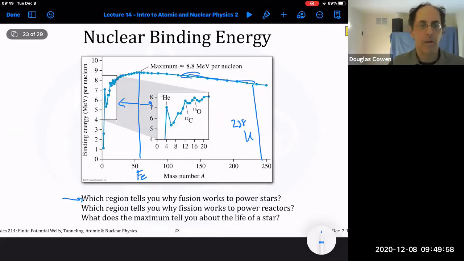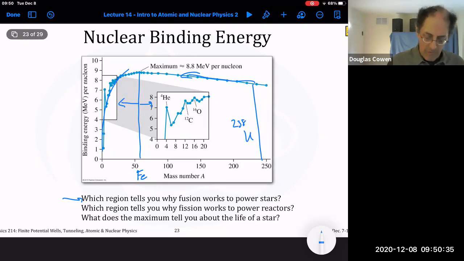Now you can see from this figure one of the reasons why we'd really like to be able to get fusion to work as a controlled energy source. And that's because if you look at this plot, the curve is much steeper on the left than it is on the right. So there's much more energy per nucleon available if you fuse lighter nuclei together to make heavier ones than if you fission, or split, heavier nuclei to become lighter ones.